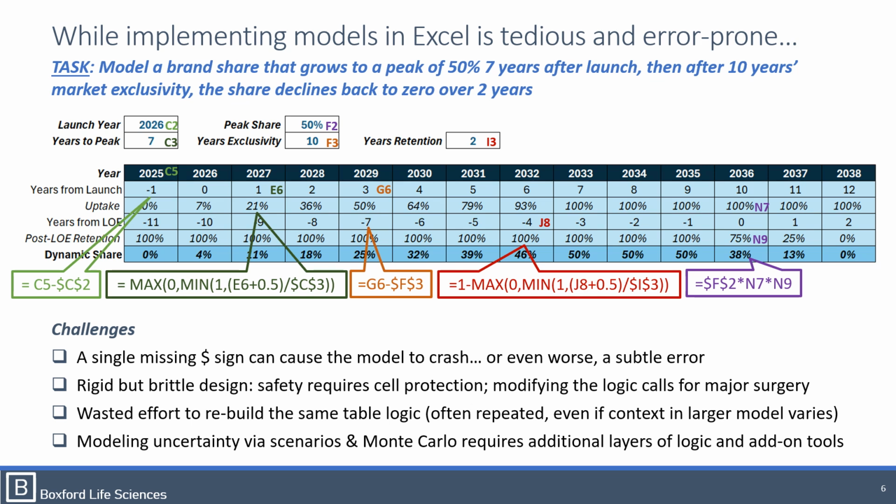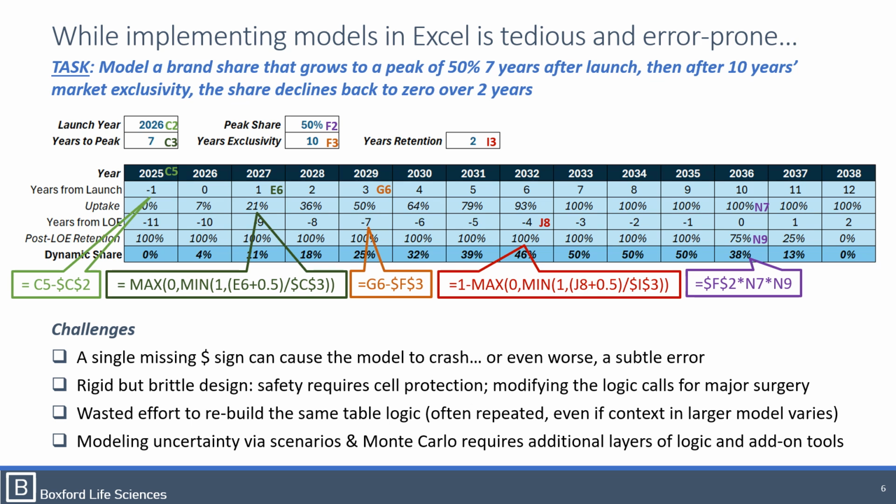We need to do cell protection for safety, and when we have to go in and modify the logic, that typically calls for major surgery where we have to go in, make changes, stitch everything together, re-protect it, and it can be time-consuming. There's also a wasted effort to rebuild the same table logic many times.